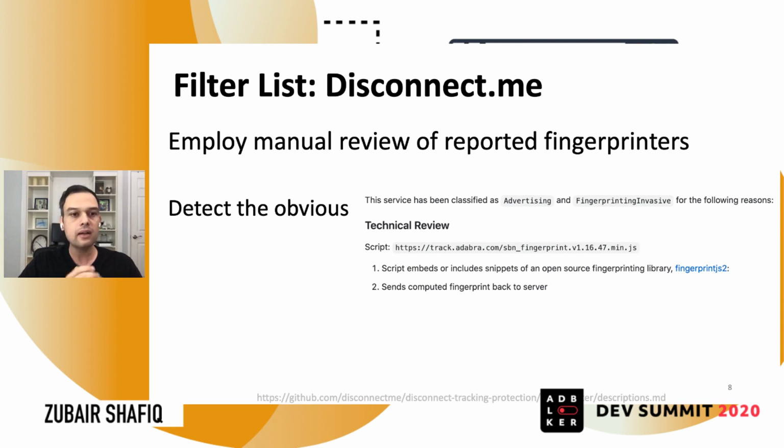But once you look at their site, where they are transparent about how they go about determining whether a script is doing fingerprinting, you notice that they're basically looking for very telltale signs. They're looking for the obvious. For example, they look at whether this script looks like some of the previously known fingerprinting scripts that they have detected. So if a fingerprinter is doing serious obfuscation, this manual review will not be very effective.